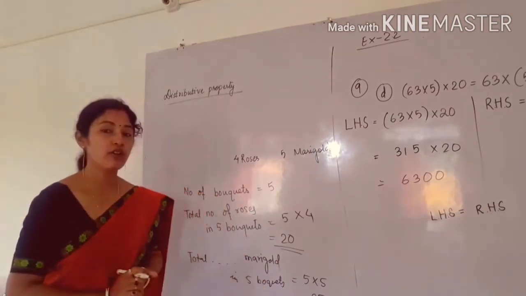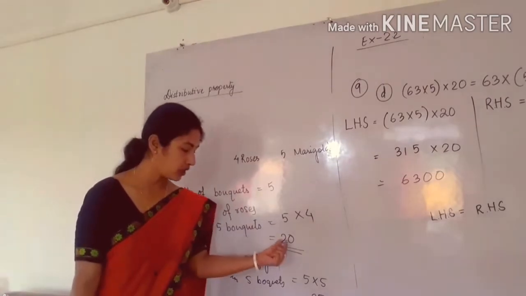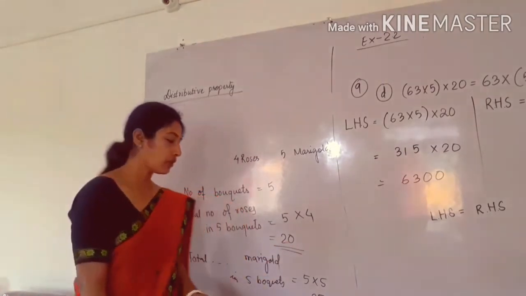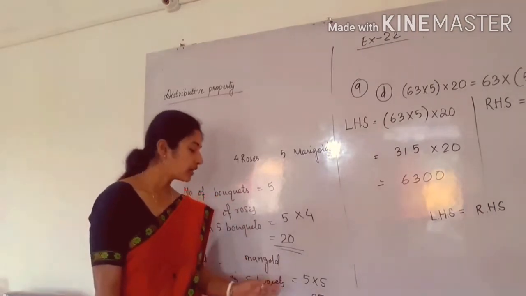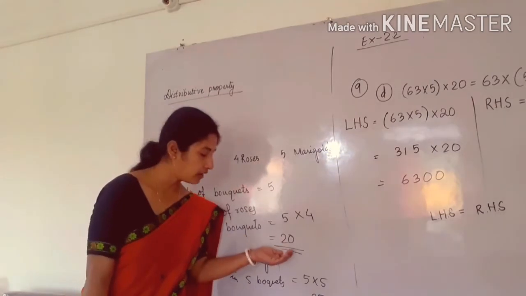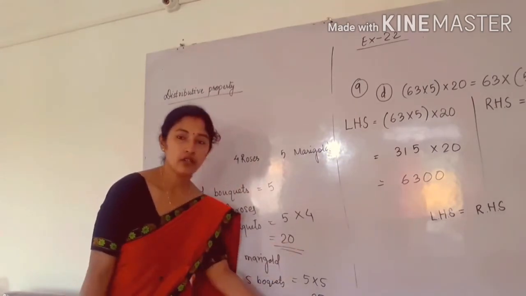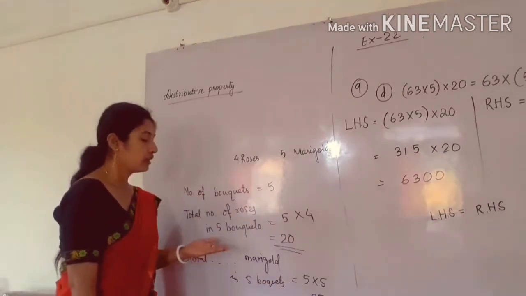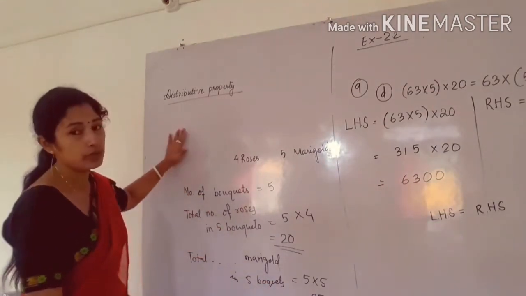So the total number of flowers we need is equal to what? 20 plus 25, that will be 45. So next what you have to do? For finding the total number of flowers, we need to add 20 and 25. That will be 45. So this question can also be done using distributive property.